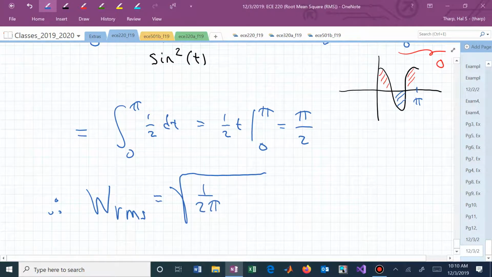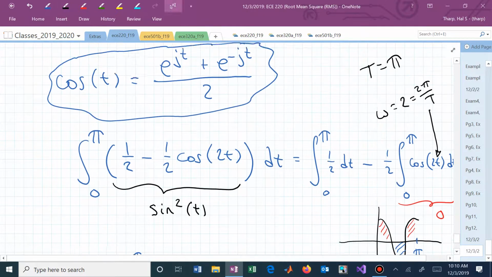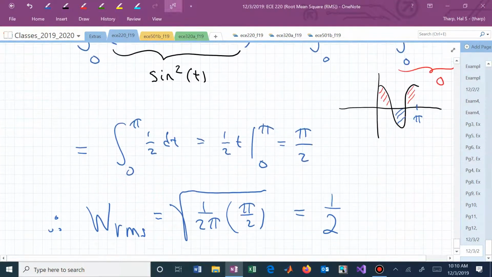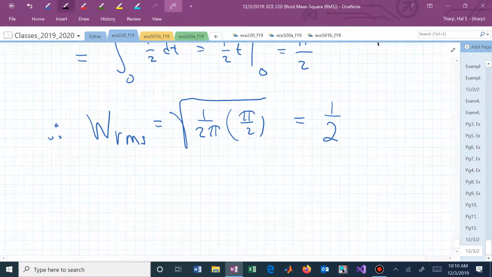The period was 2 pi, pi over 2 pi. The pi's cancel. We have the square root of 1/4, or this is now 1/2. The RMS value of this half-wave rectified sine wave turns out to be 1/2.